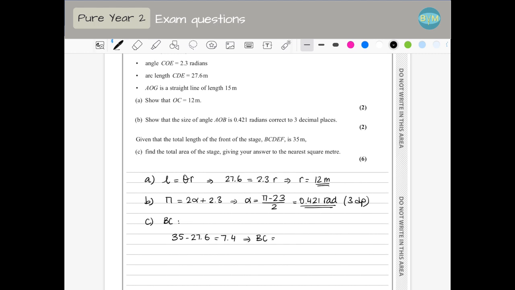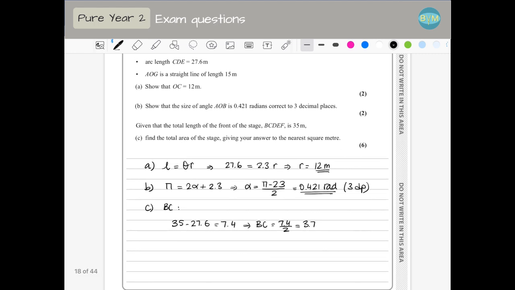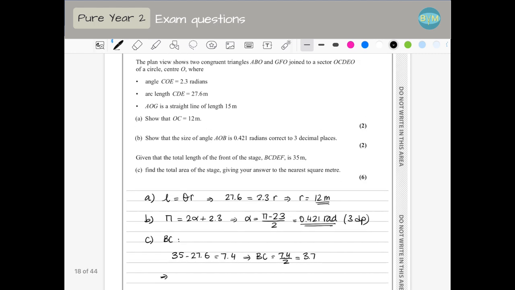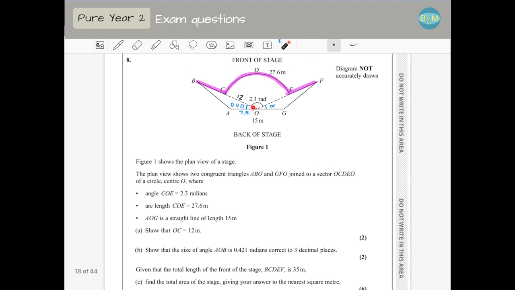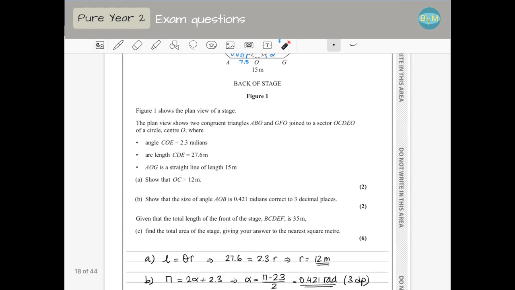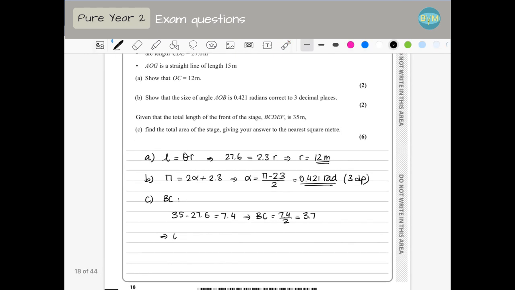I'm going to write it, so 7.4 divided by 2, because we have two sides, so it's 3.7, which means the radius, or the length of this triangle, OB, is going to be 12 plus 3.7. So OB is going to be 12 plus 3.7, which is 15.7.